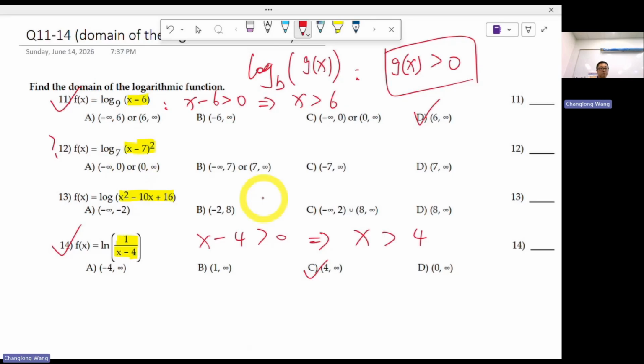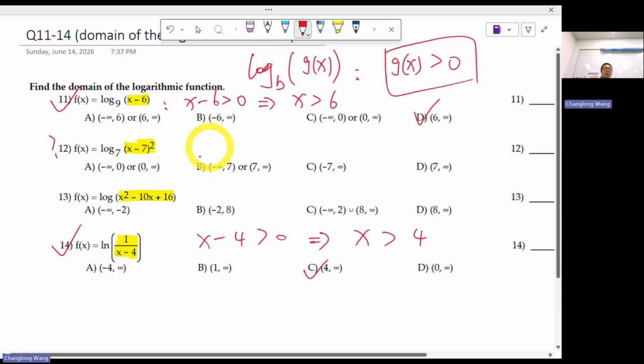Okay. Yeah, that's the way you see it. Or if you insist, let me write this down: x minus 7 squared greater than 0. Do you guys know how to solve a polynomial inequality, or in this case, just a quadratic inequality?